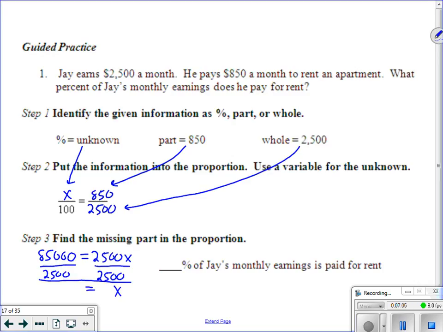So I'm going to get X all by itself over here, and 85,000 divided by 2,500 is 34. So to answer our question, 34% of his monthly earnings is paid for rent. So basically what that means is for every $100 he makes, 34 of those dollars are going to pay his rent.